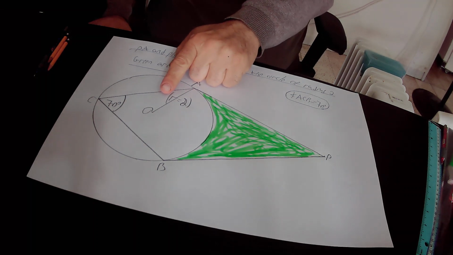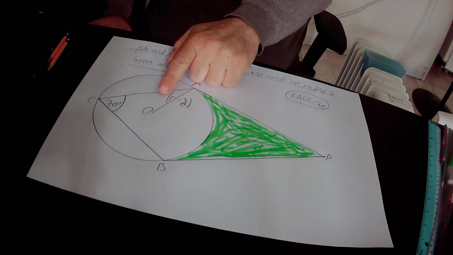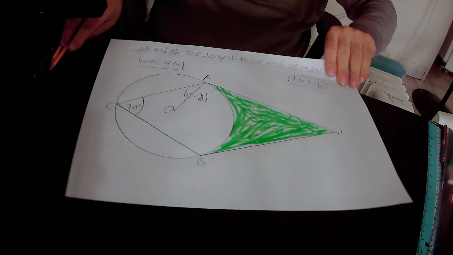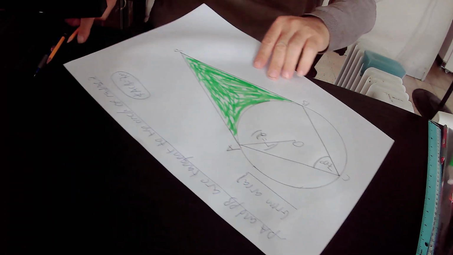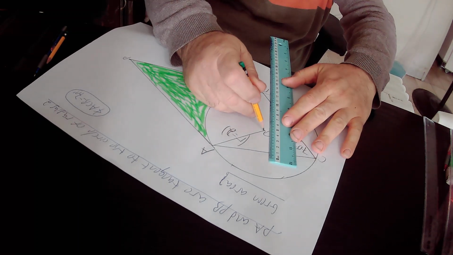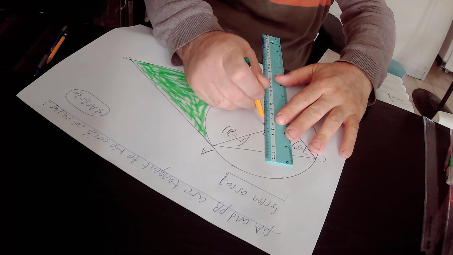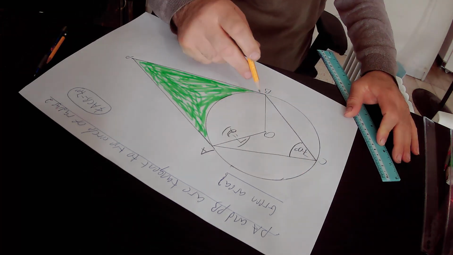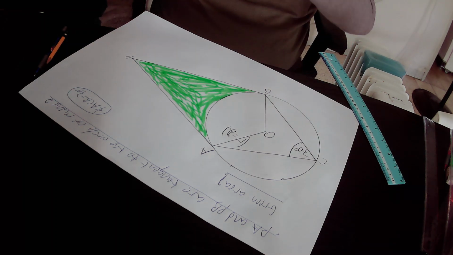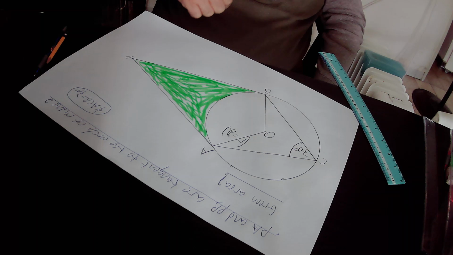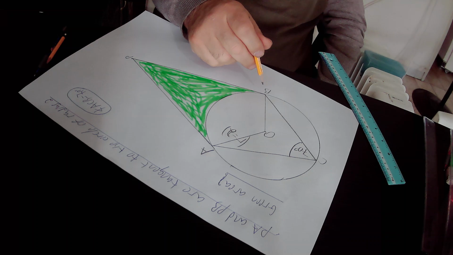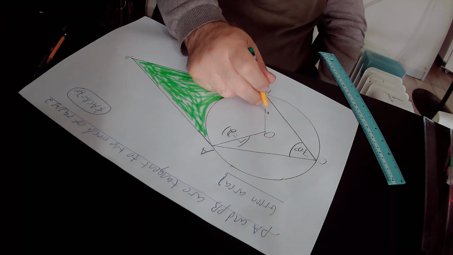Point O is the center of this circle, so we join points O and B together by a straight line. Point O is the center of this circle, point B is a point on the circle itself, therefore OB is the radius of this circle that equals 2 units in its length according to what is given in the question.